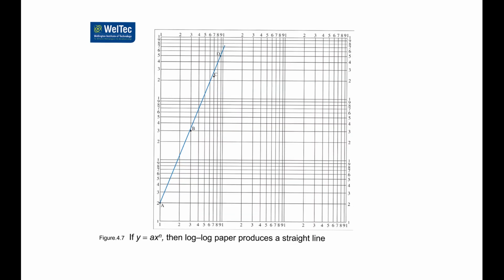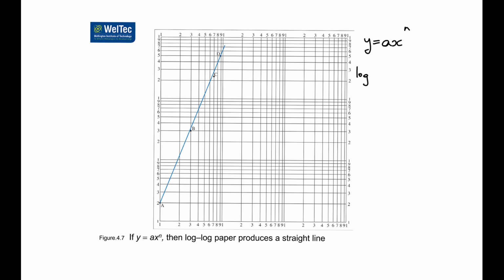In this example, we've got some data from an experiment and we think it's related by y equals ax to the power of n, and we've plotted the data on log paper and this is what we get. Now it's nice because they all go through points, but it won't always, but near enough.